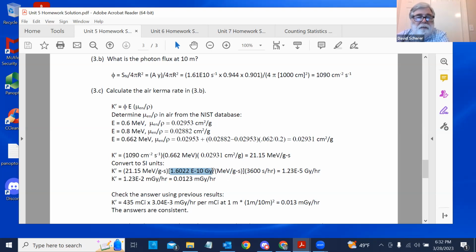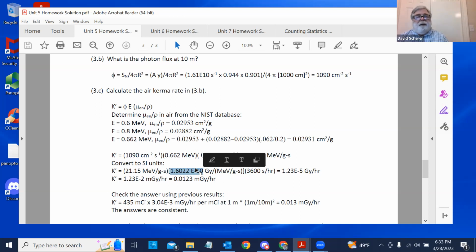So the conversion from MeV to joules is 1.602 times 10 to the minus 13. If you go all the way to eV, it's 1.602 times 10 to the minus 19. And then converting from grams in the denominator to kilograms gives me a factor of 1,000. And that's how it came out to be 1.602 times 10 to the minus 10. It's an amalgamated or accumulated conversion factor.